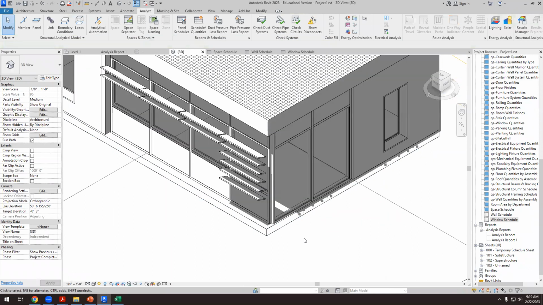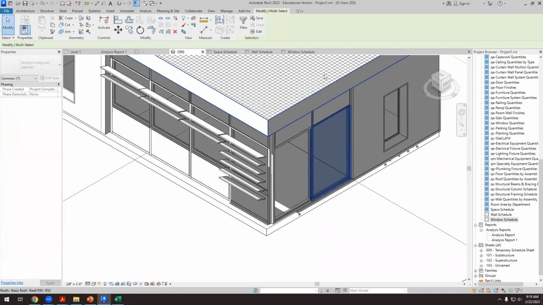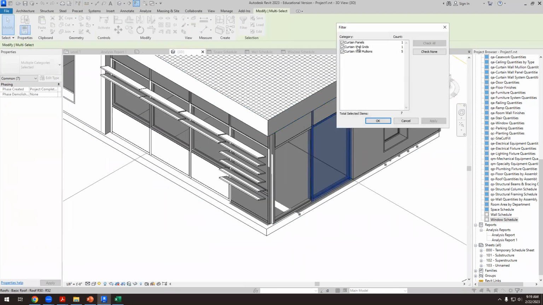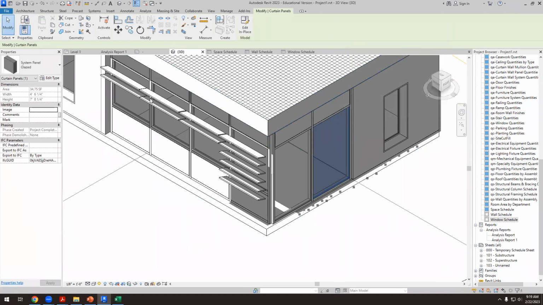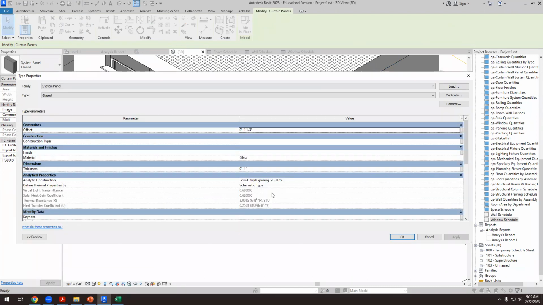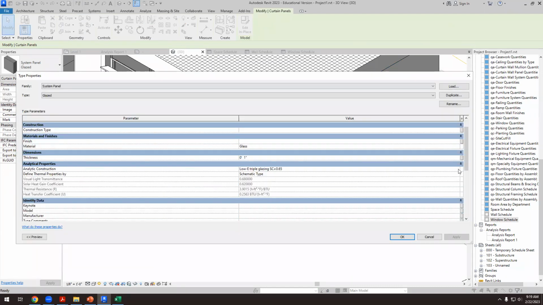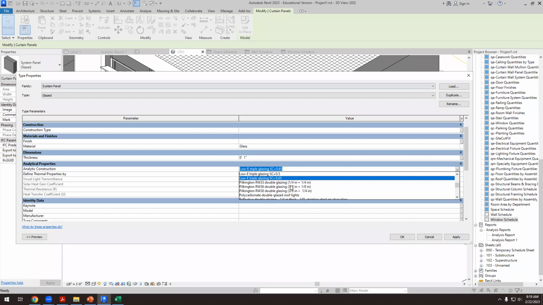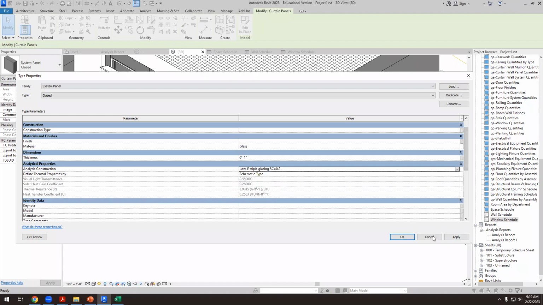Can we change the values in Revit? I can select the curtain panels, and I can edit type. And in this low emissivity triple glazing, we don't have information about this. We can try if this solar heat gain coefficient of 0.2 is similar.